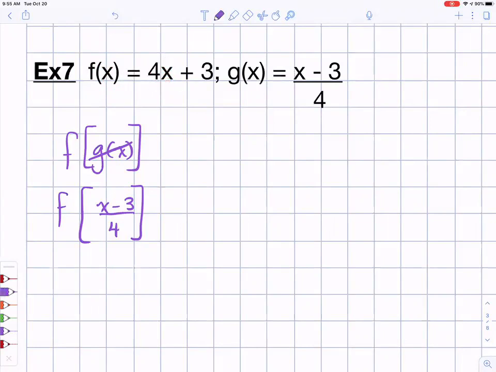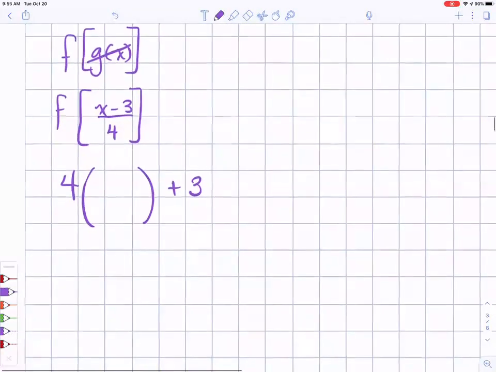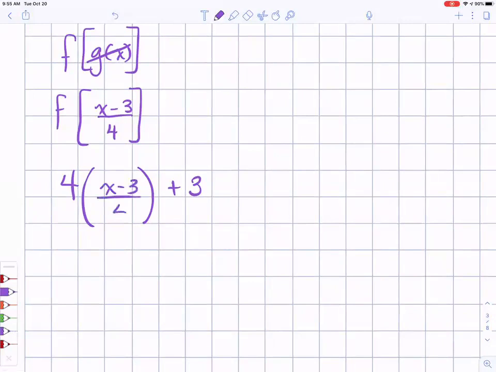I'll leave an open set of parentheses there. There's my 4 times my ugly plus my 3. And where do I get that ugly from? Yeah, that line right above what I just wrote. So this is going to be filled in with my ugly, which was x minus 3 all over 4.